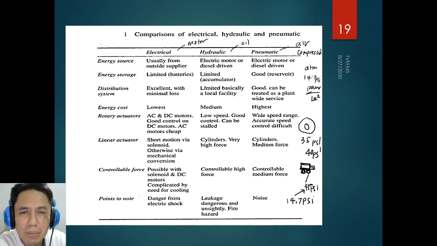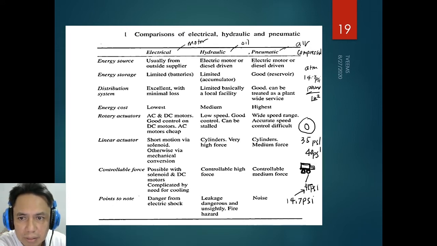But for now, I would like to emphasize that hydraulic is used mainly in large forces. Pneumatic is used in rather small, or erratic or fast motions, like the ones used in the door of a bus or train, in the LRT.